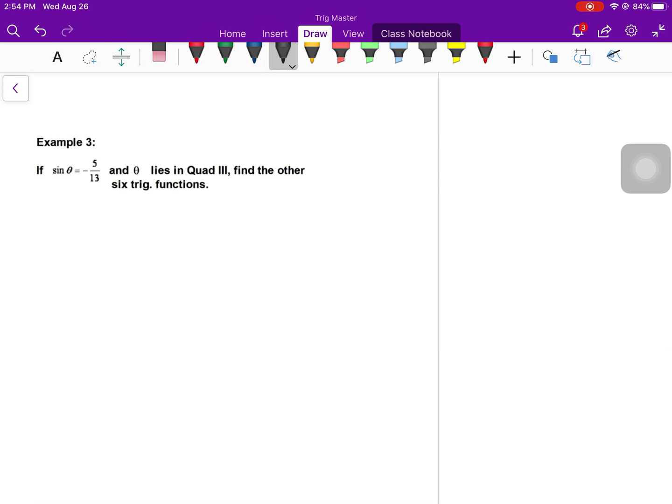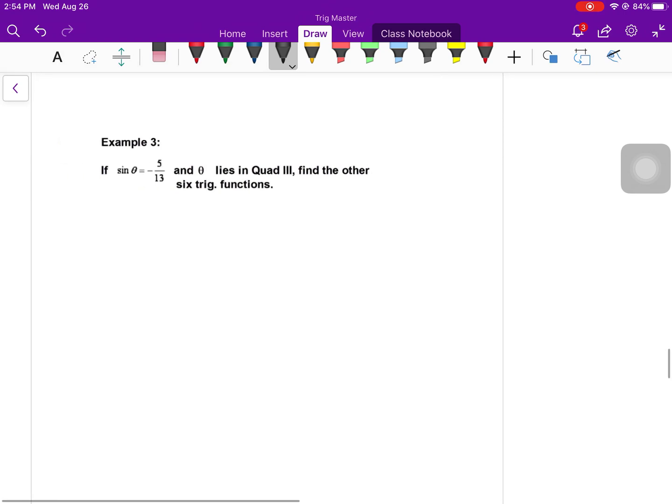All right, so for this example, we know sine of theta is negative 5 over 13, and theta lies in quadrant 3. Find the other 6 trig functions. It should say the other 5 because we've already got sine. But we're going to start off, draw a quick sketch. We know that we are in quadrant 3. So I know I've got this going this way. Quadrant 3 goes this way.